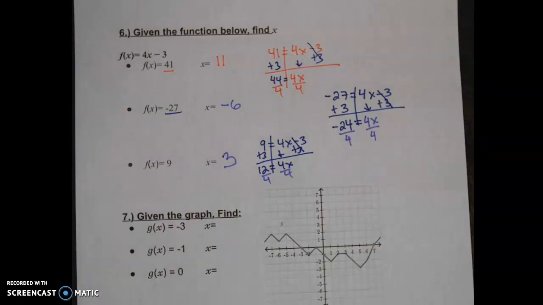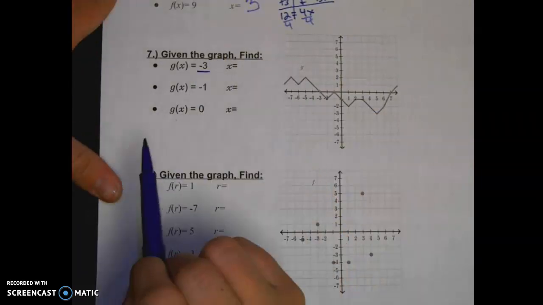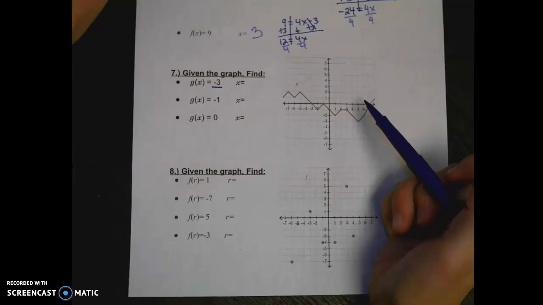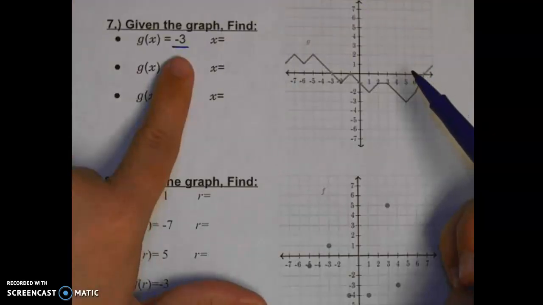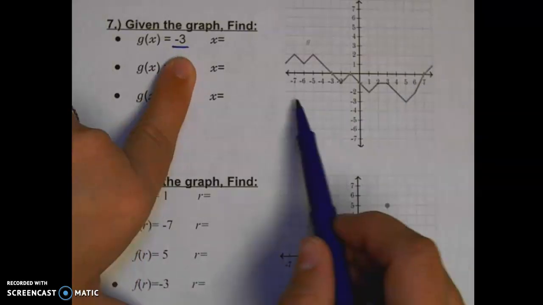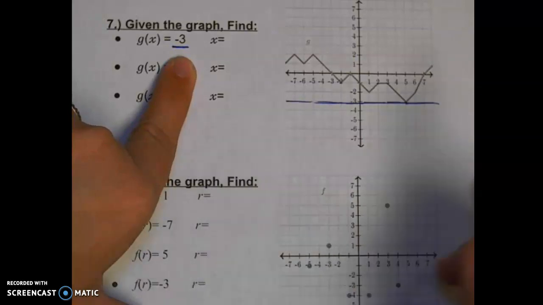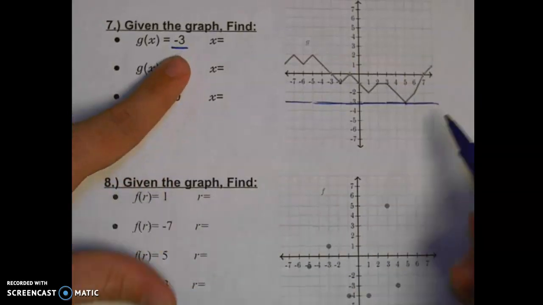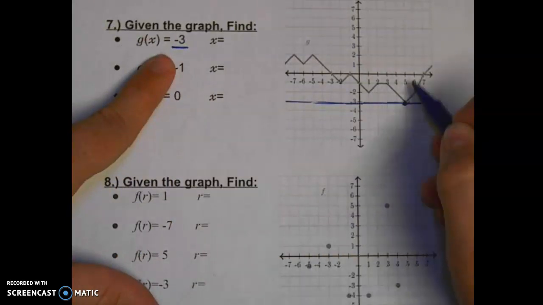So let's do so. For this, you're going to be looking at your y's. I need to figure out what my x is, but I need to go to negative 3 on my y-axis. So I'm going to draw a line for these and remind myself, hey, I'm looking for what x is. So when y is negative 3, my x is going to be 5.